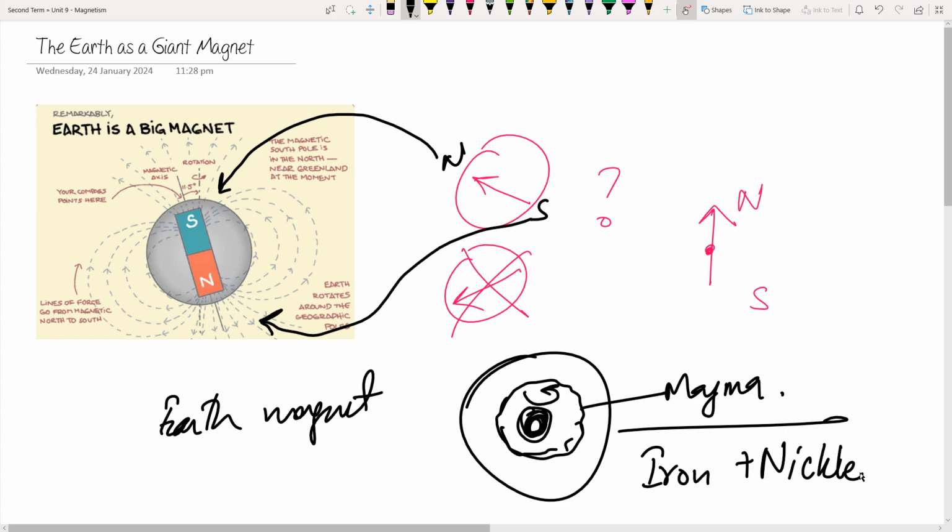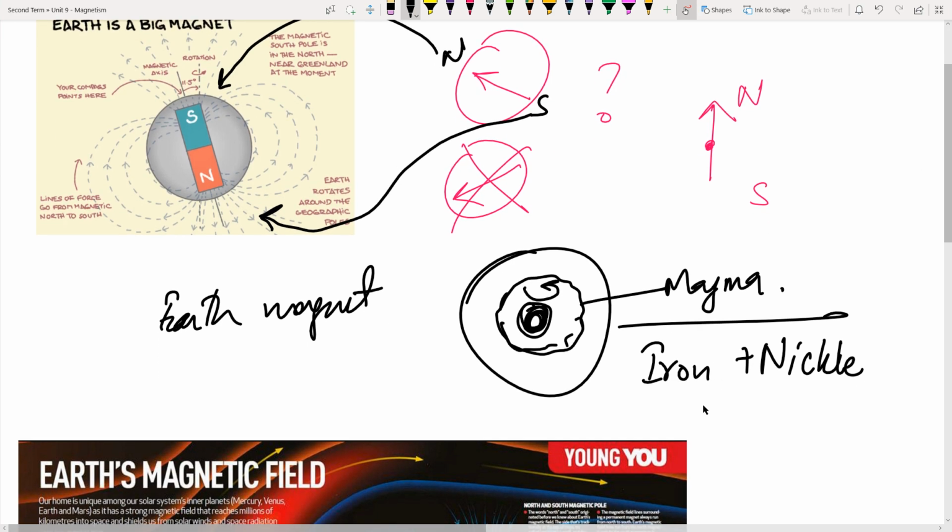These two metals are magnetic, and they create the magnetic field, in which there's south on top and north, I'm just going to be making arrows, at the bottom.